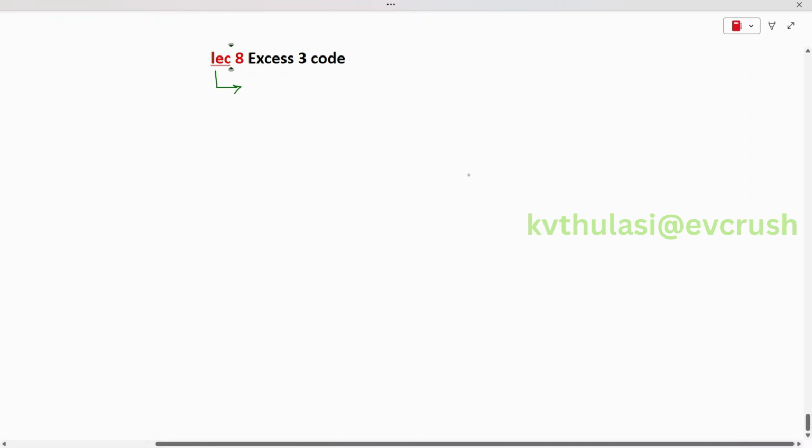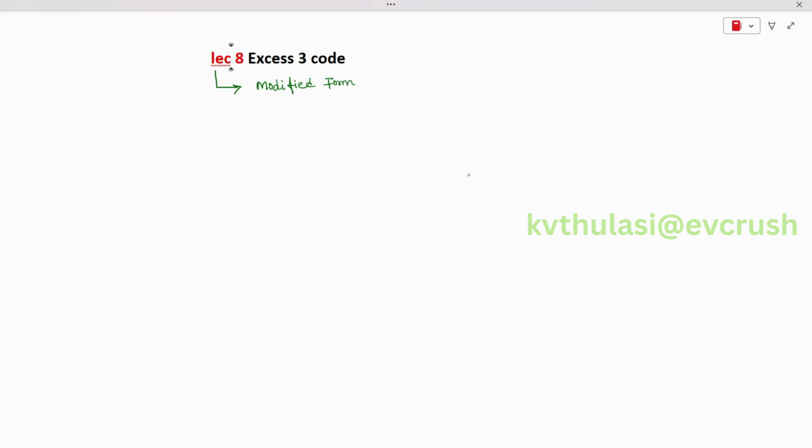So coming here, Excess-3 code. Excess-3 code is a modified form of a given BCD number. How we can get an Excess-3 code is to add excess, which means add an extra 3.